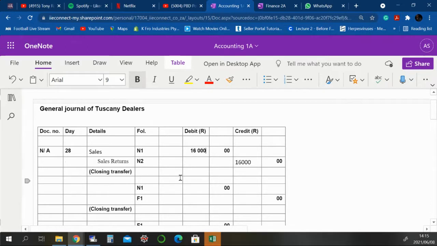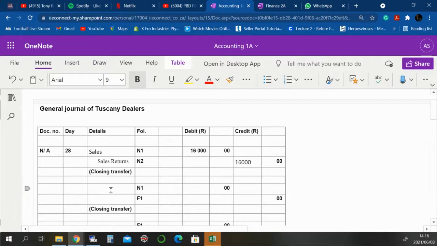Remember, we're closing off to the trading account. This is why I start in the journal first, because everything we've done here is then going to get posted to that. So they're actually showing you what was posted from the general journal to the general ledger. Makes sense? Okay, but anyway, let's move to the next step.